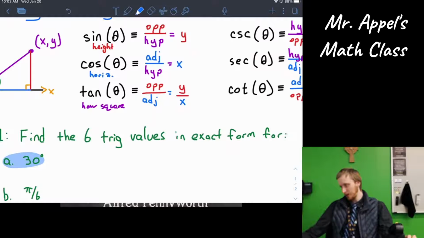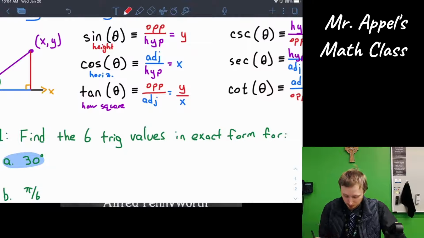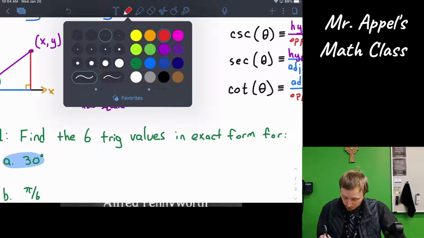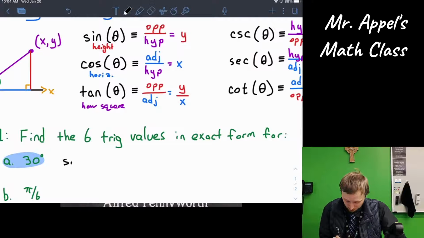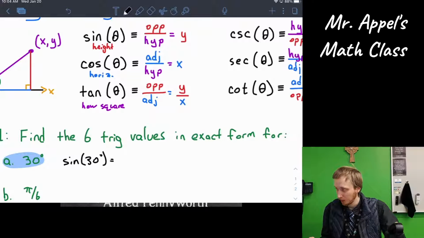Pi over 6 is an angle. That's the radian equivalent of 30 degrees. It's not what I'm asking for. I want the trig function for each one. I want sine of 30 degrees. We'll go one at a time, in order.